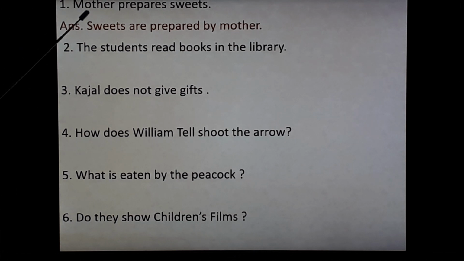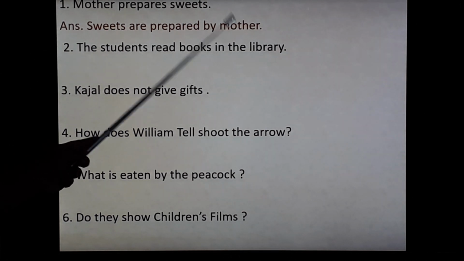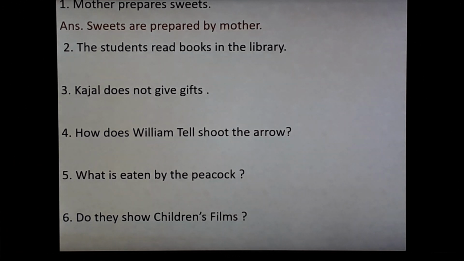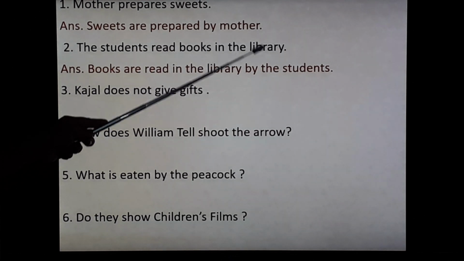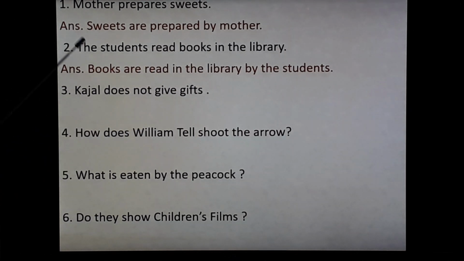First, mother prepares sweets. So the answer would be, sweets are prepared by mother. Check your answers. Second, the students read books in the library. Answer, books are read in the library by the students.